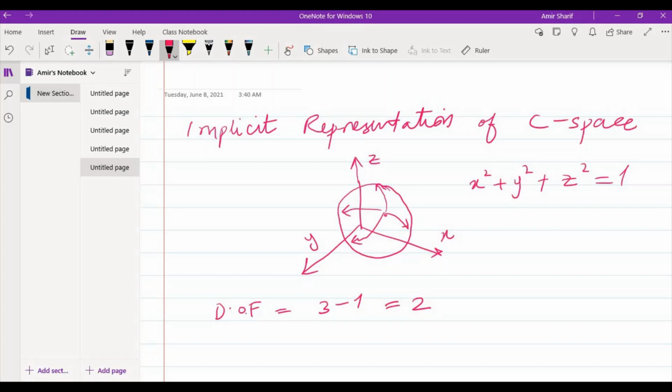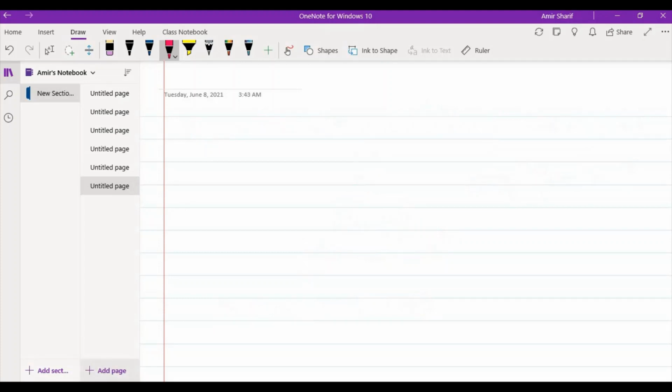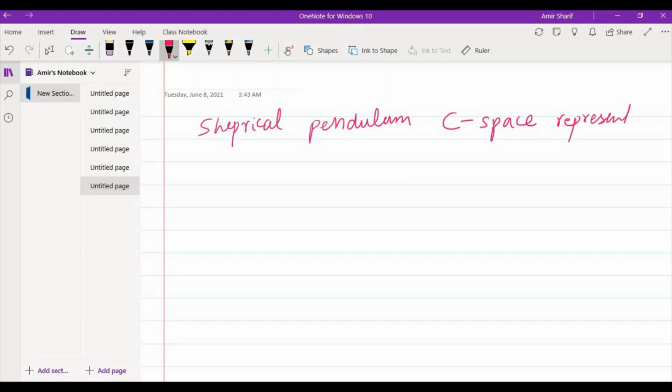So if it's a spherical pendulum, let's say, here we have a spherical pendulum, and we can represent it using a point on this kind of configuration space.